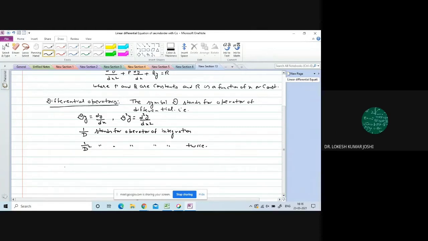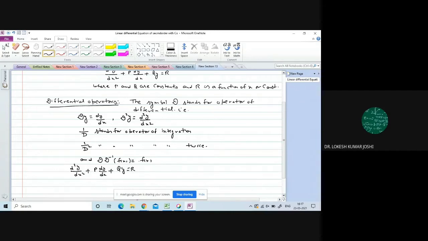Now we can write the differential equation. And one more thing. Note down this one as well: D inverse of f(x) equals integral of f(x). Now, a second order differential equation d2y/dx2 plus p dy/dx plus qy equals r. Suppose we have a differential equation like this.